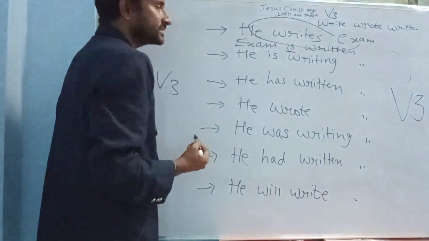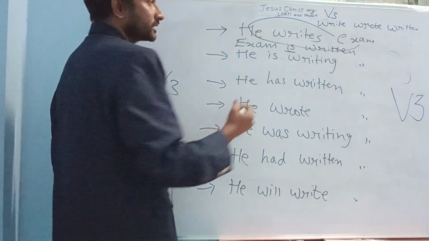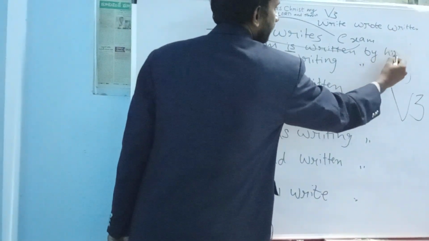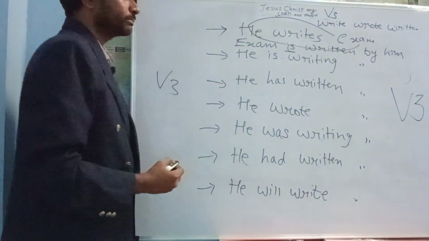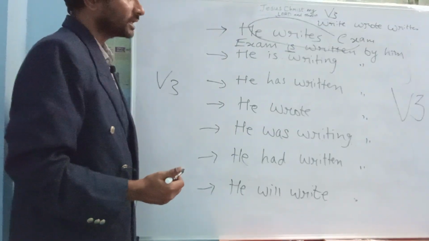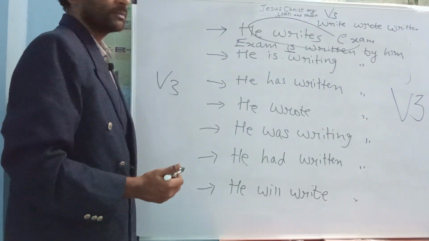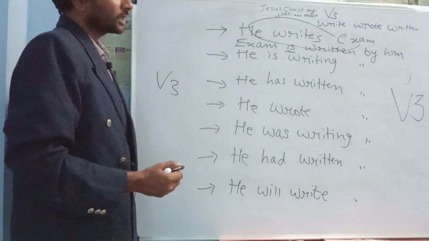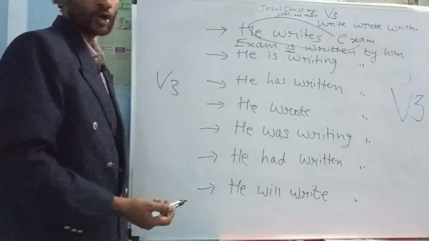We are using is because it is simple present tense. Exam is written by him. That is very simple. Object becomes subject, and we are using V3 and using is, preposition by, and he gets converted to him. That is natural common sense.